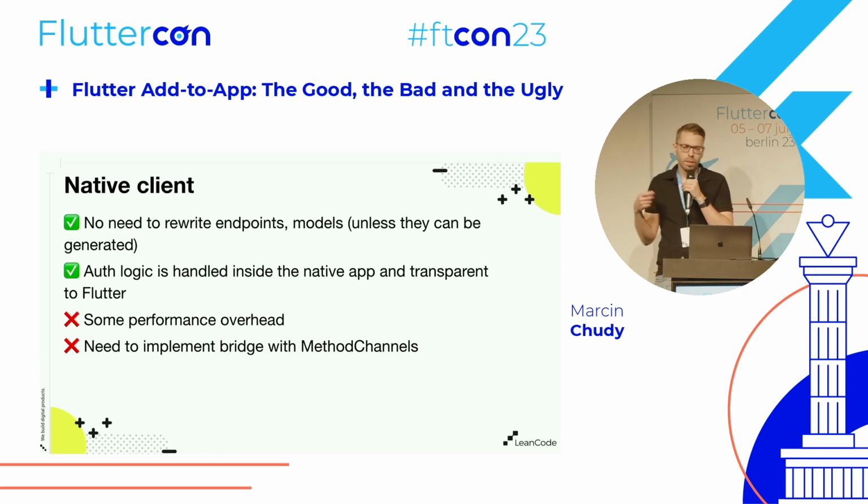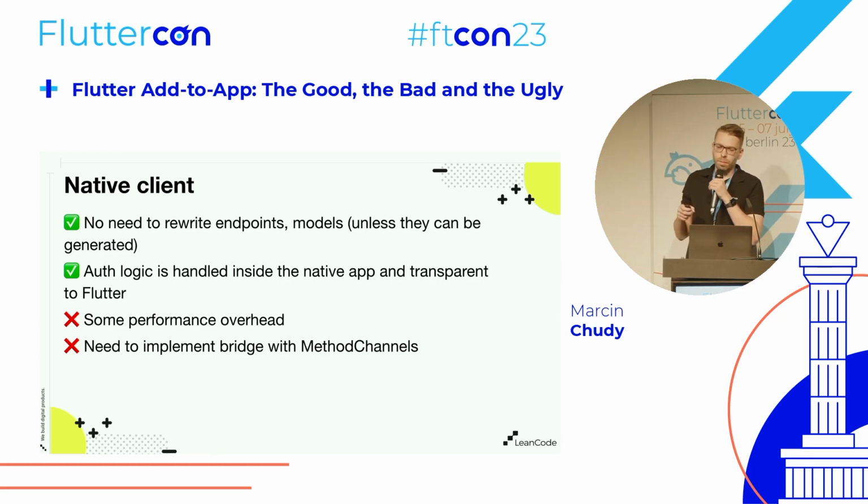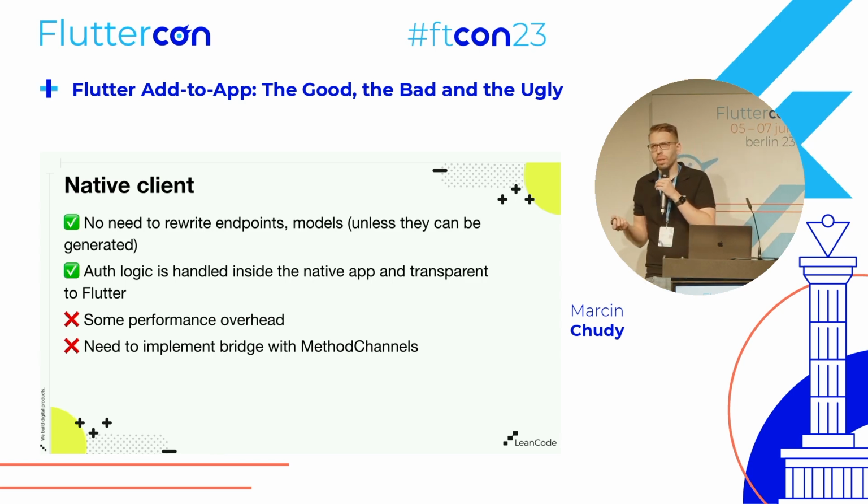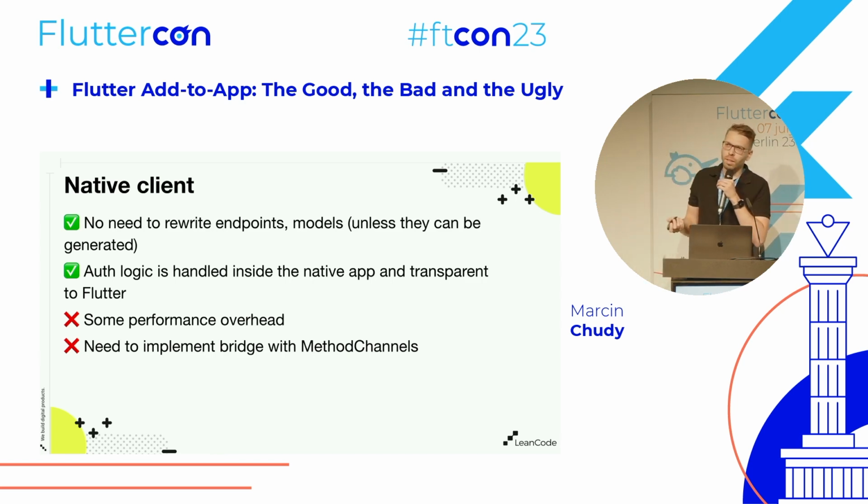The advantage of that is that you don't have to rewrite all those endpoints and models, but also maybe you can generate them, so then this argument doesn't really hold. The authentication logic is handled inside the native app and is basically transparent to Flutter, so you don't have to bother with refreshing tokens, setting some common headers, maybe some cookies, stuff like that.